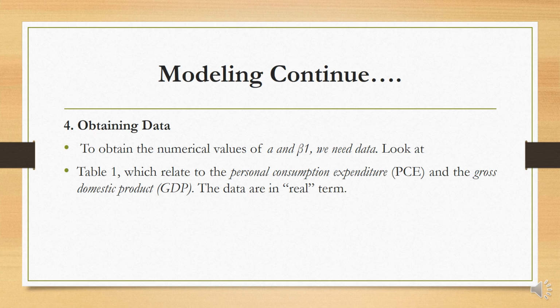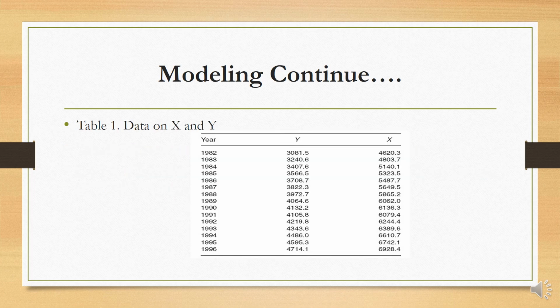Number 4, obtaining the data. To obtain the numerical values of alpha and beta, we need data. Look at table 1 in the next slide, which relates to personal consumption expenditure, PCE, and gross domestic product, GDP. The data are in real terms. Here is table 1, data on the X and Y variables from 1982 to 1996.